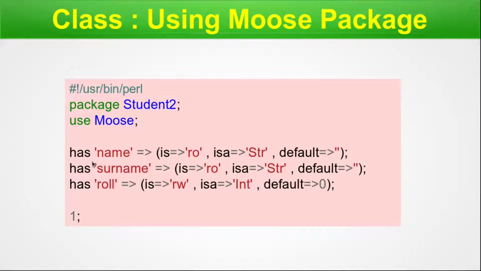Surname is ro, is a Str, and default is nothing. Roll number is rw, it is an Int, and default is 0. So you also define the data types, and you get all these details, and we close it.